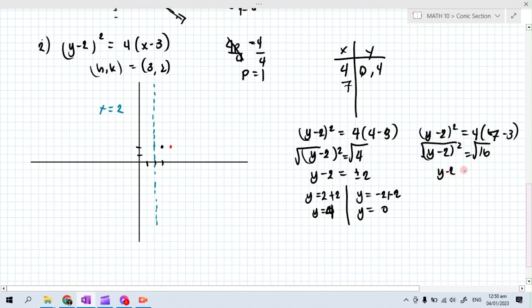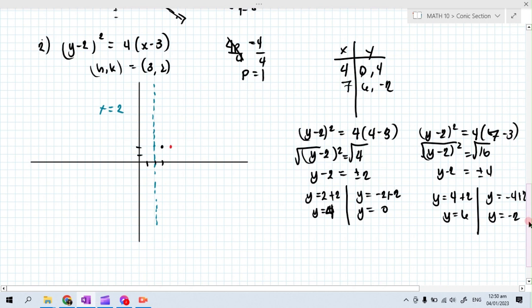So y minus 2 is equal to plus or minus 4. y is equal to 4 plus 2, we will have y is equal to 6. The other one is y is equal to negative 4 plus 2, y is equal to negative 2. So for 7, it's both 6 and negative 2.